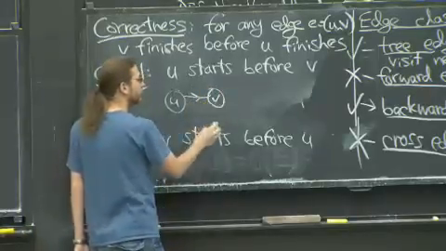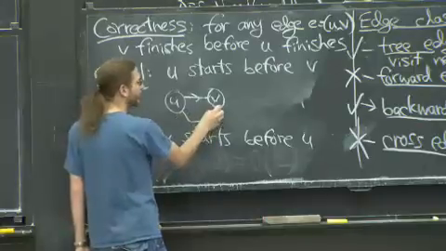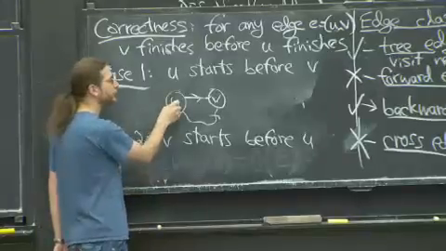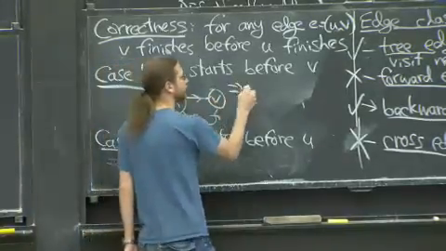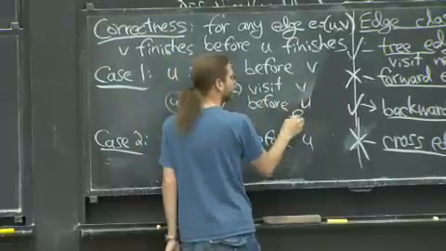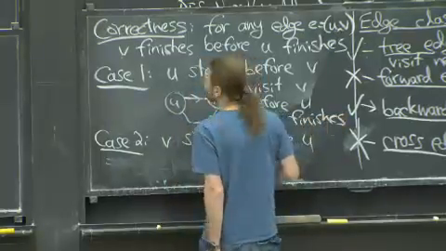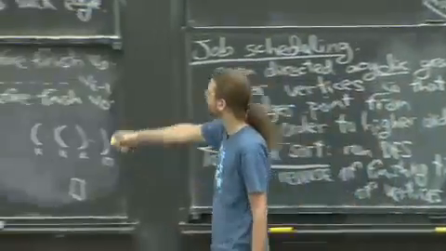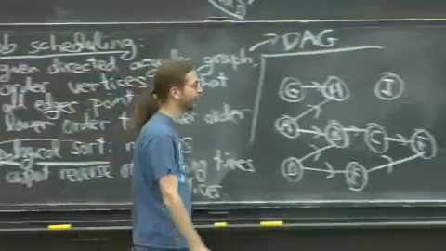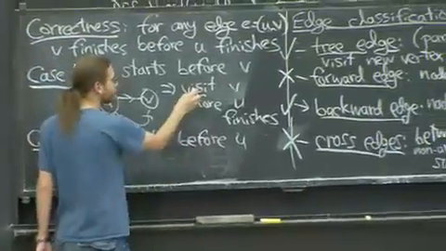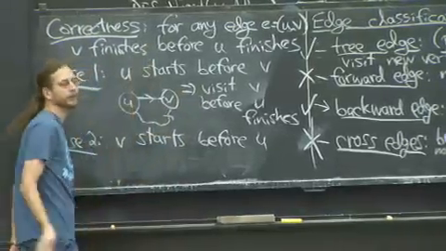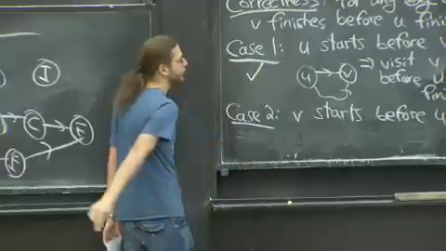But v is reachable from u. So maybe via this edge, or maybe via some other path, we will eventually visit v in the recursion for u. So before u finishes, we will visit v. That sentence is just like this sentence. So same kind of argument. I won't go into detail because we already did that several times. So that means we will completely visit v. We will finish v before we finish u. And that's what we wanted to prove. So that case is good.